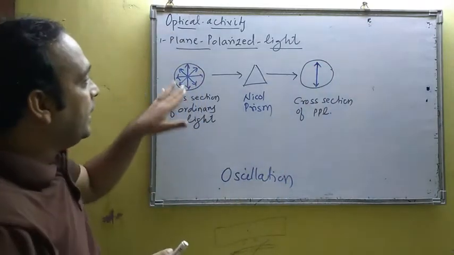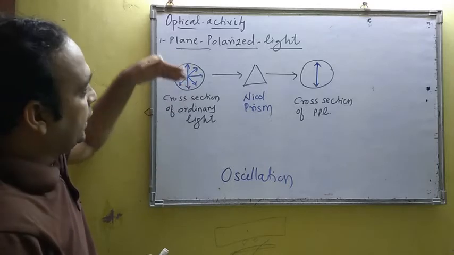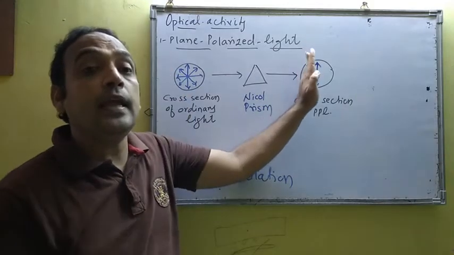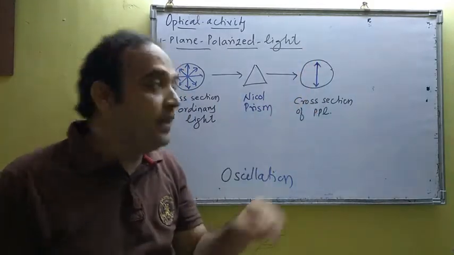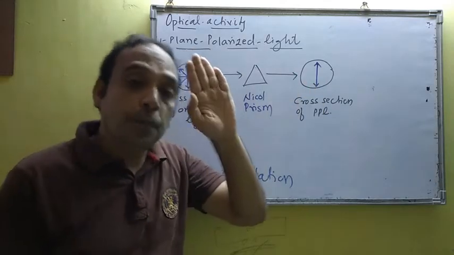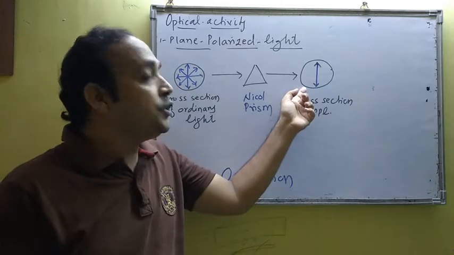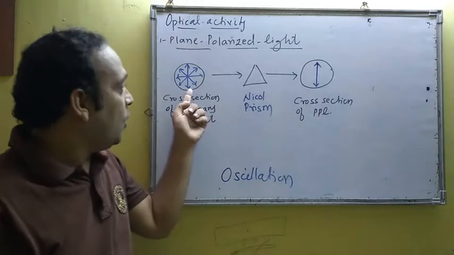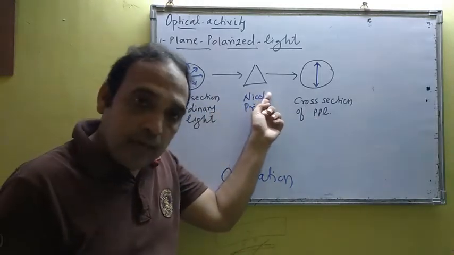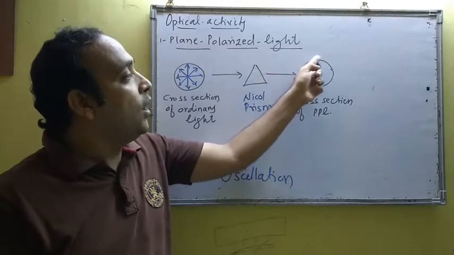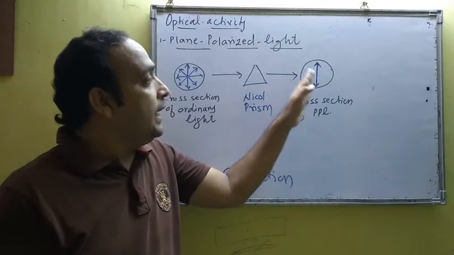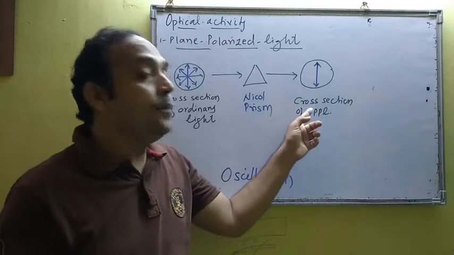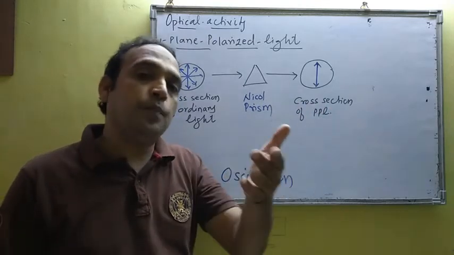Such light having oscillation only in one plane, perpendicular to the direction of propagation of light, is called plane polarized light.